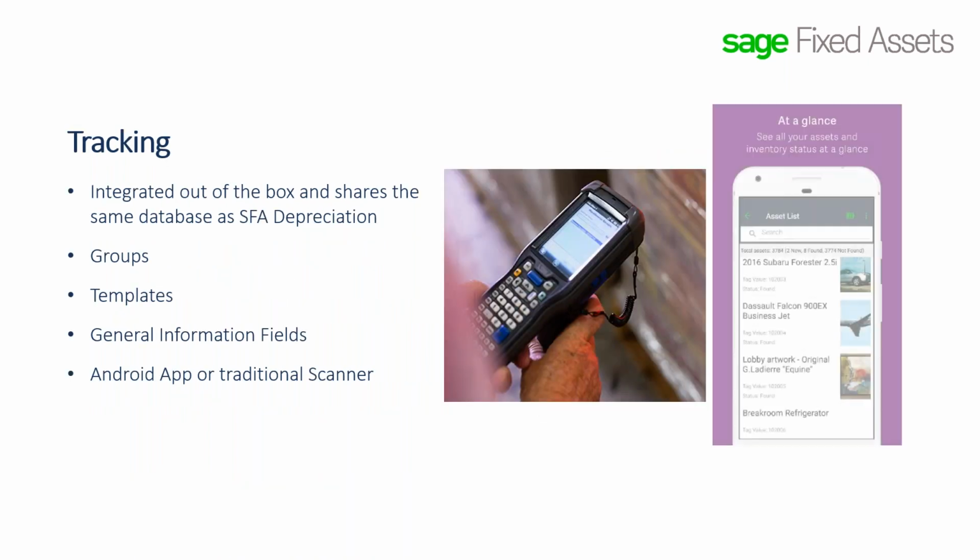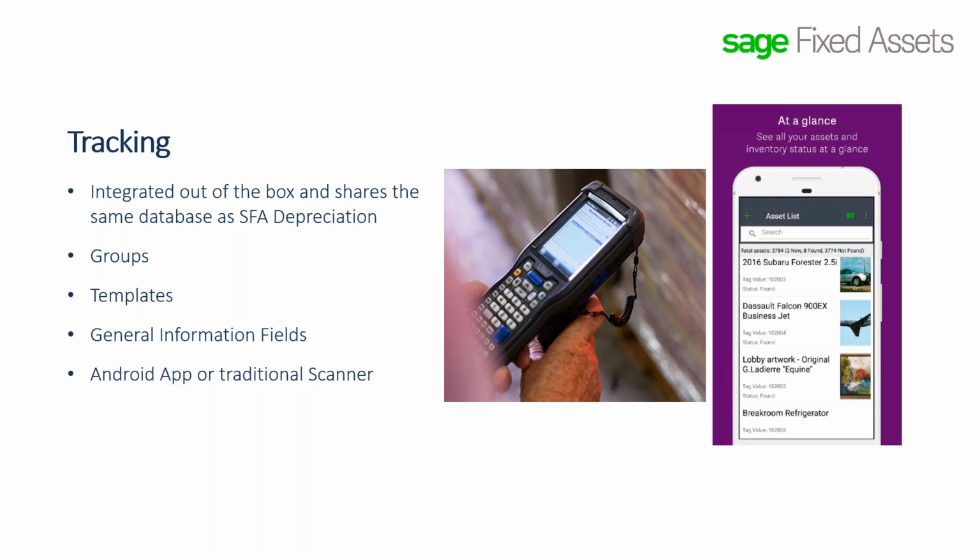The tracking module. This would be used for doing physical inventory of your fixed assets. So where you can actually barcode those assets, be able to scan them using either an Android app or traditional scanner so that you can verify that you actually have what you're supposed to have and where they are.